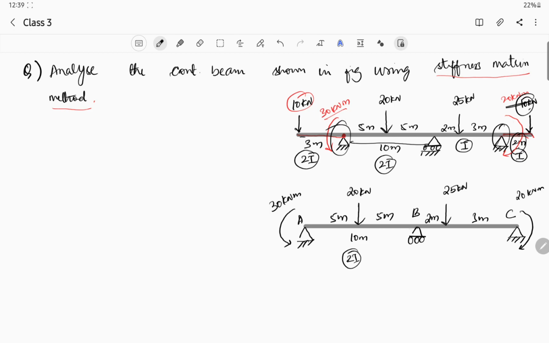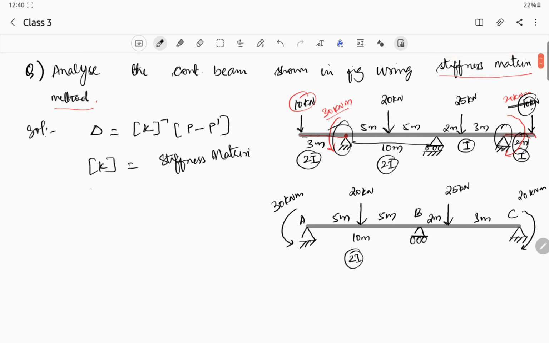So after this one, before calculation, I'll first take our stiffness matrix formula, that is delta is equal to K inverse into P minus P dash. We know this. So what is this K? We are recalling this one. K is nothing but the stiffness matrix, isn't it?